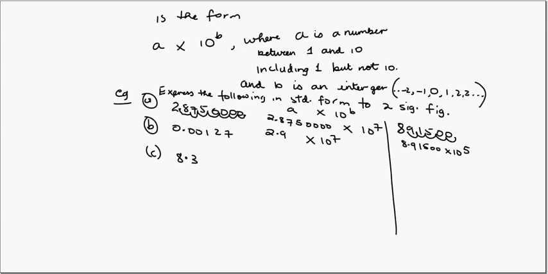But we needed it to two significant figures. So really, to two significant figures, it'll be 8.9, and the 1 has no effect on it. So it remains as 8.9 by 10 to the power of 5.